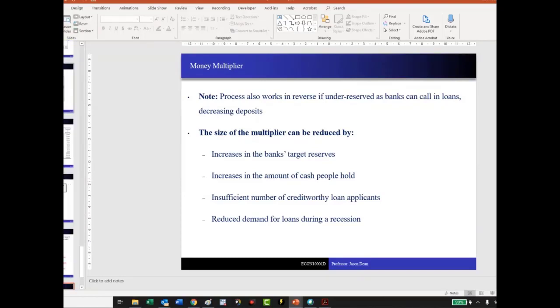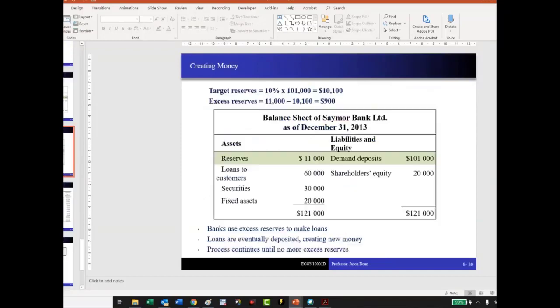Now I probably should add, we're going to do this in an in-class exercise, but let me just see what you think. So we know now that this bank would have excess reserves of 900, right? Remember this? What would happen to this balance sheet if they made a loan of $900 to one of their customers? What would happen? And then that customer kept the money in.